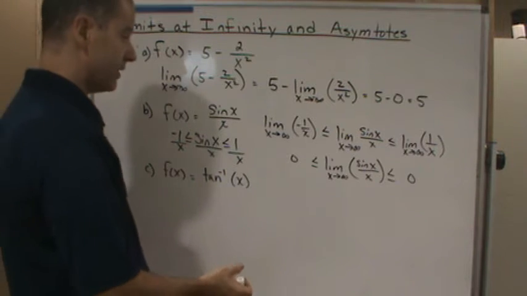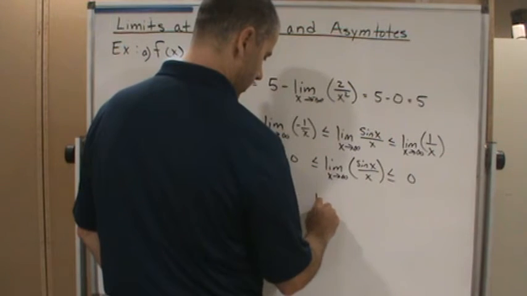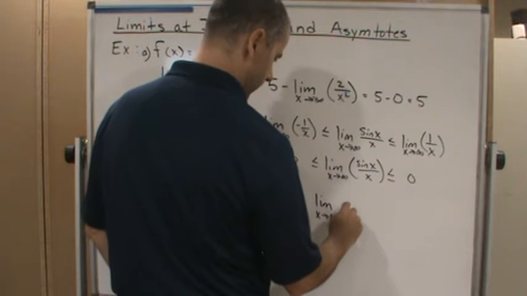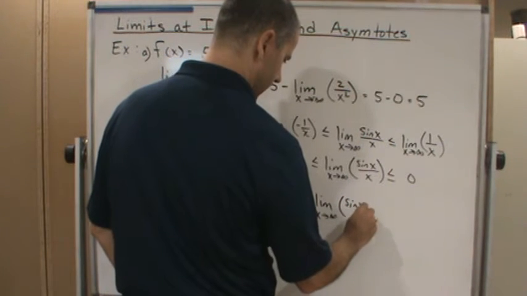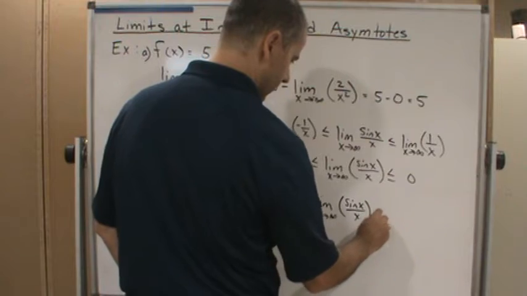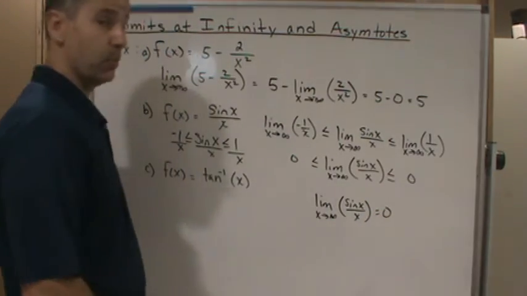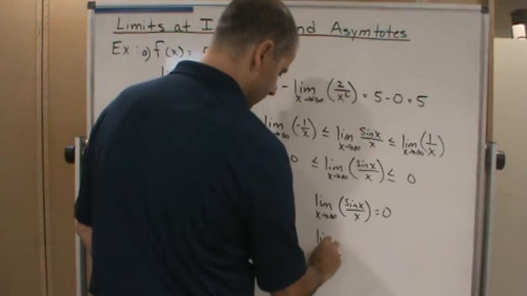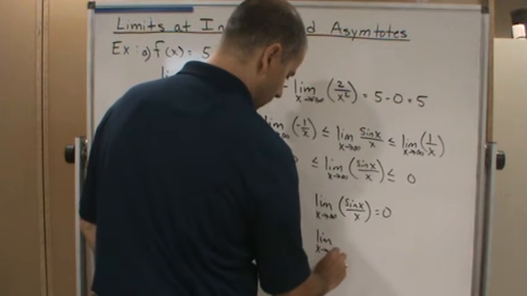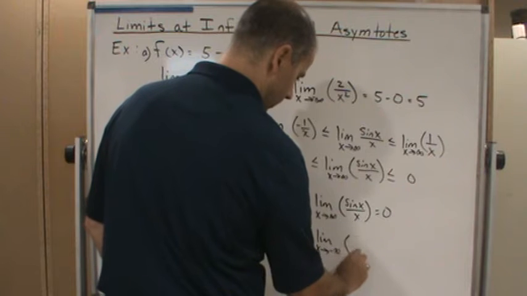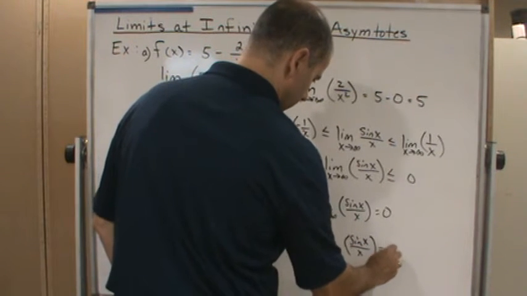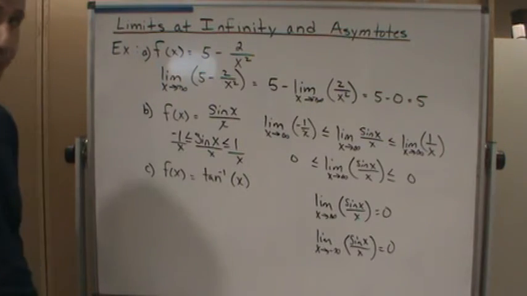So by the squeeze theorem, the limit as x approaches positive infinity of sine x over x is equal to 0. And similarly, we can do the same thing. We find that the limit as x approaches negative infinity of sine x over x is also equal to 0.